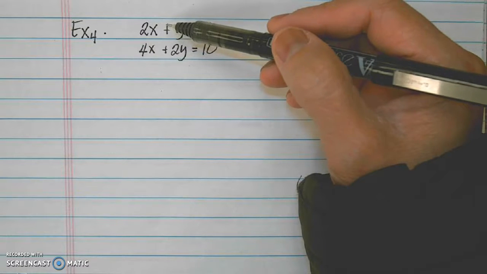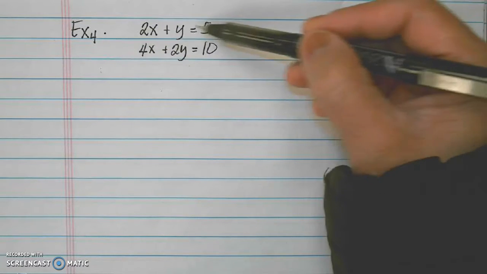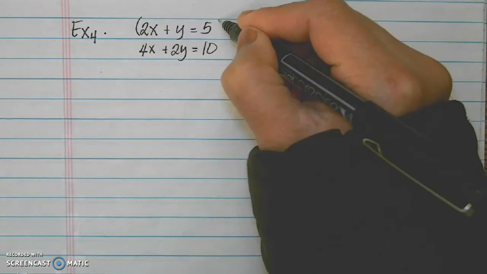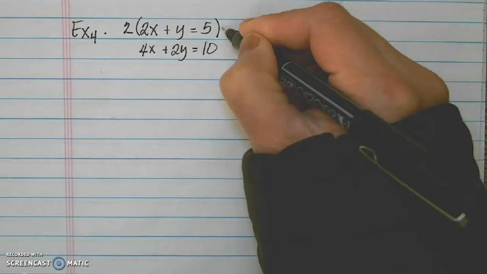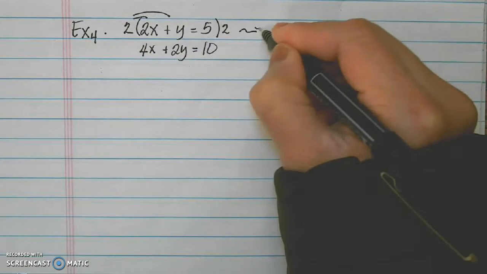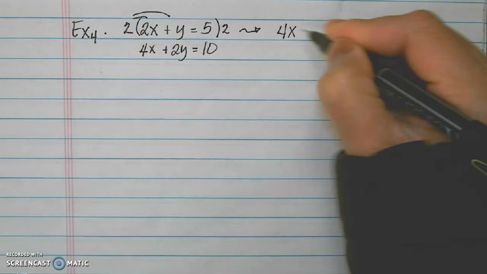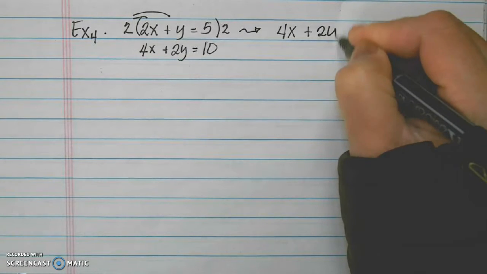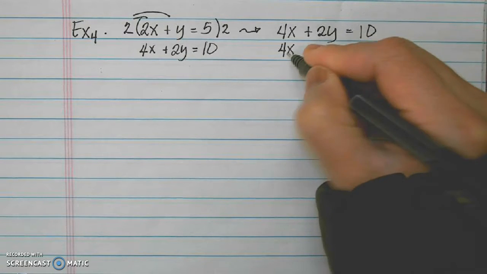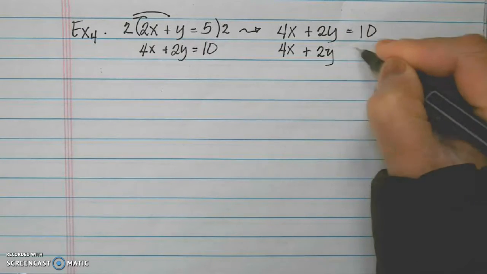And that something, I'm thinking, is multiplying this equation by 2. That means distribute. And so now it will become 4x plus 2y equals 10. And this is 4x plus 2y equals 10.